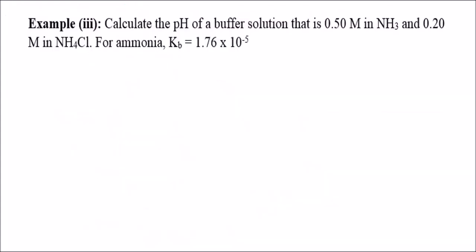Let's look at a third example and the last example for this video. In this case, we have a buffer solution, but it is a base buffer solution. The first two solutions were acid buffer solutions. This is a base buffer solution.